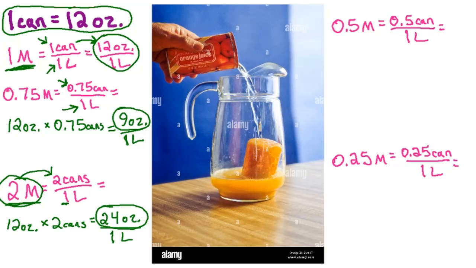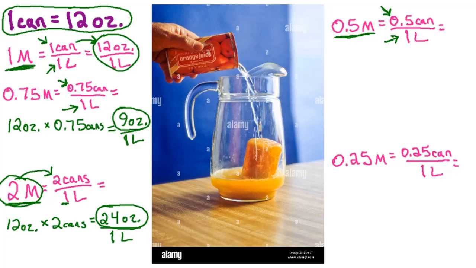Now let's go to the column on the right. We have a molarity of 0.5. That's half of 1. That means we used 0.5 or half a can of frozen orange juice concentrate in 1 liter of water.